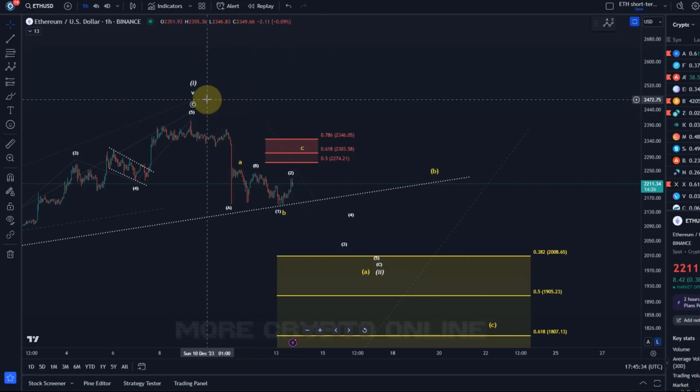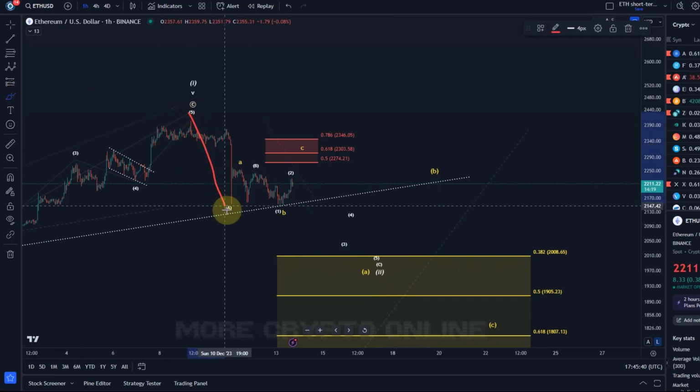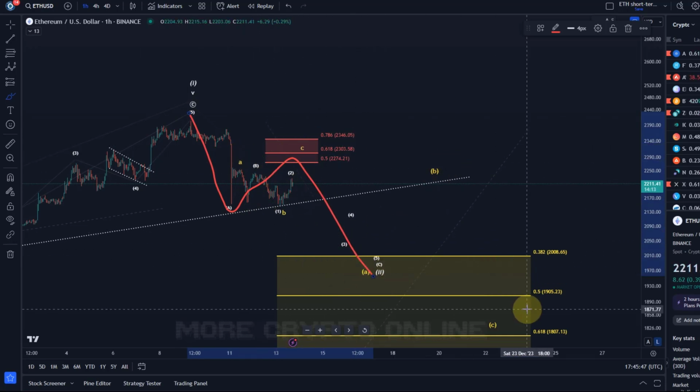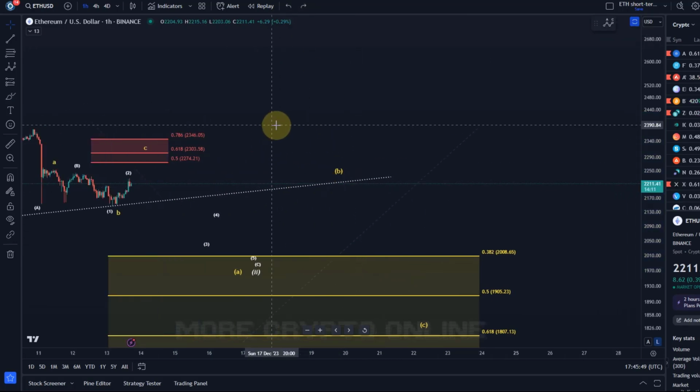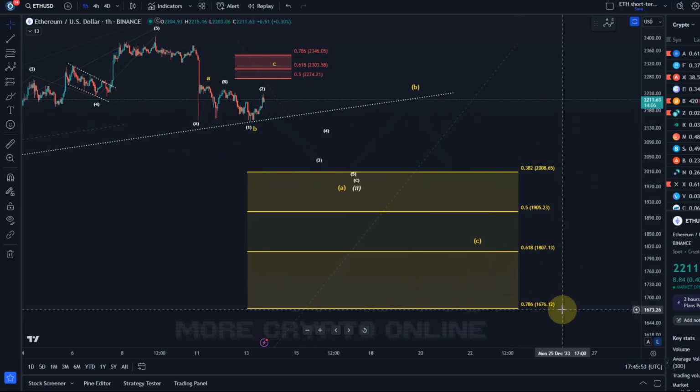let's first deal with the question: if we assume we are in an ABC structure, that sort of has to be the basic assumption. Whether this is going to form a larger ABC is not even the question at this stage because we cannot predict it anyway. What we know is that support is at 1676.